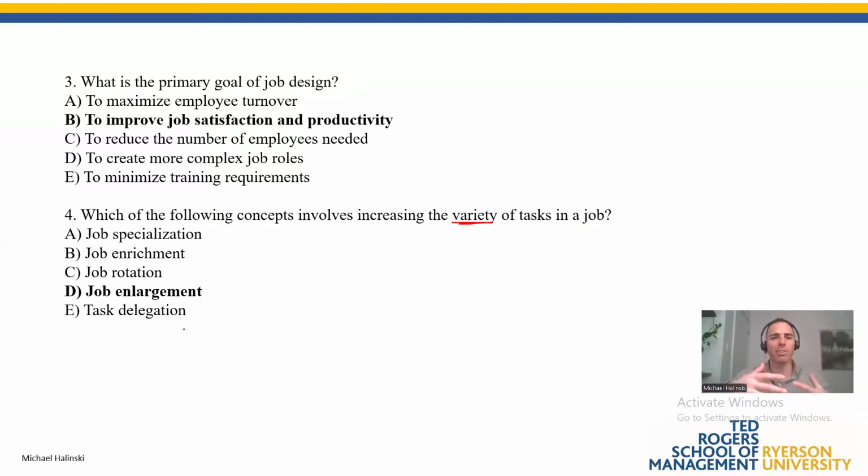Where I try to combine the two and make it sound closer to what it is. Don't be thrown off by that. Make sure that you know all of the job design techniques that we talked about in class. Job enrichment, job simplification, job rotation, job enlargement. Those are the big ones.